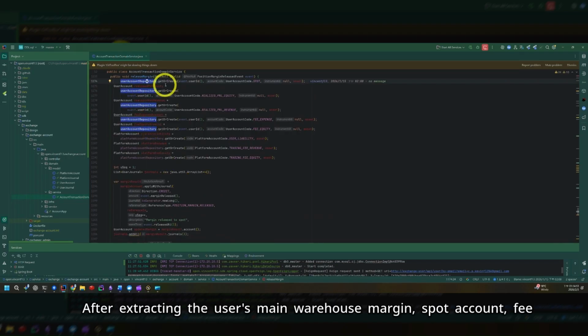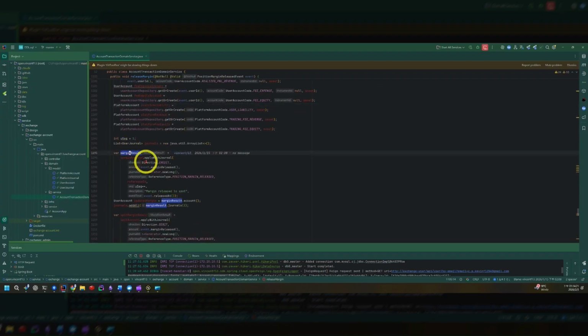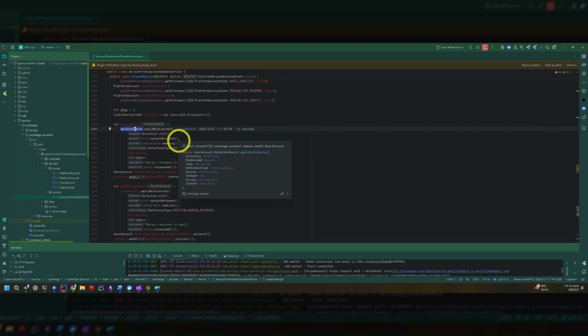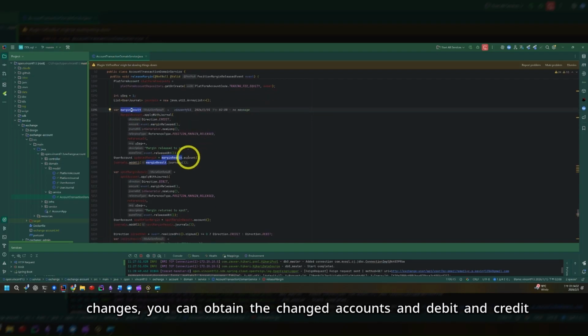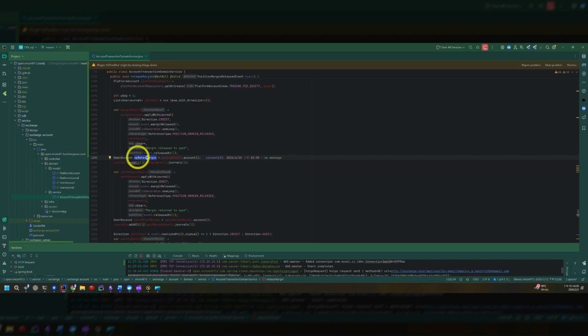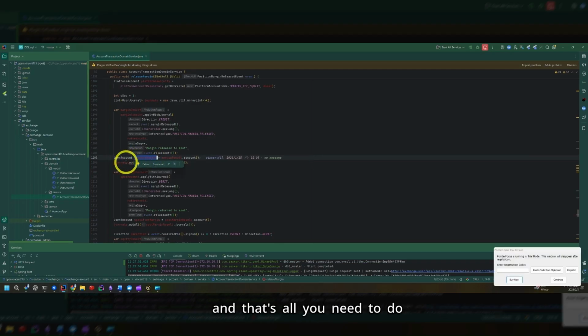After extracting the user's main warehouse margin, spot account, fee account, and platform account, apply the amount changes to these accounts one by one. And because I use DDD encapsulation, after the amount changes, you can obtain the changed accounts and debit and credit entries. And finally, just update your account table and add the entries to your journal ledger. And that's all you need to do.